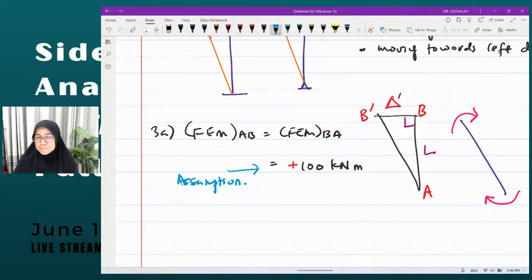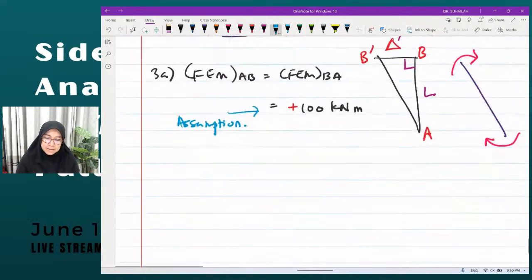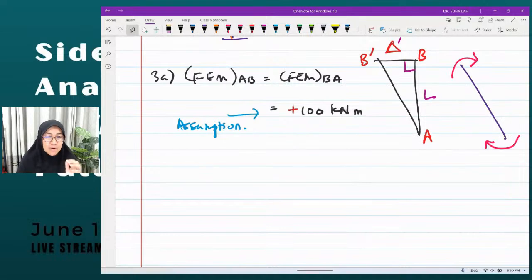Okay, assumption, 100. Now we use the formula for FEM. We substitute the formula.